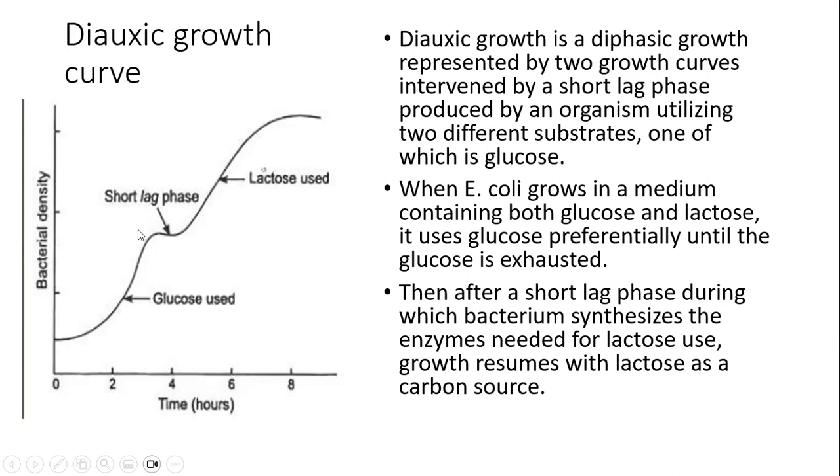Then, during the second lag phase, they make all the enzymes required for utilization of lactose, and then enter the second log phase or the second exponential growth phase. That is why we see these two short lag phases in what is known as the diauxic growth curve.